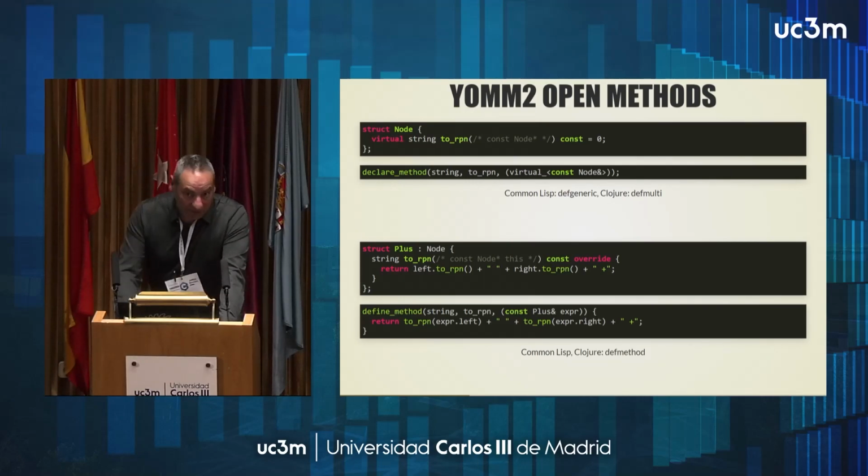A virtual function, being a member function, has an implicit parameter, which is the pointer to the current object, in this case, a const node pointer. That implicit formal parameter has become an explicit formal parameter. Virtual has moved.